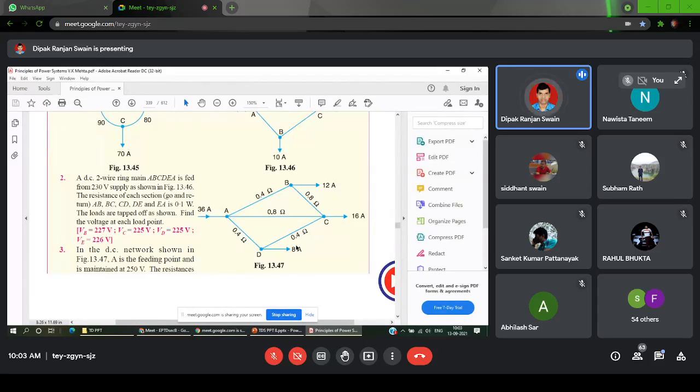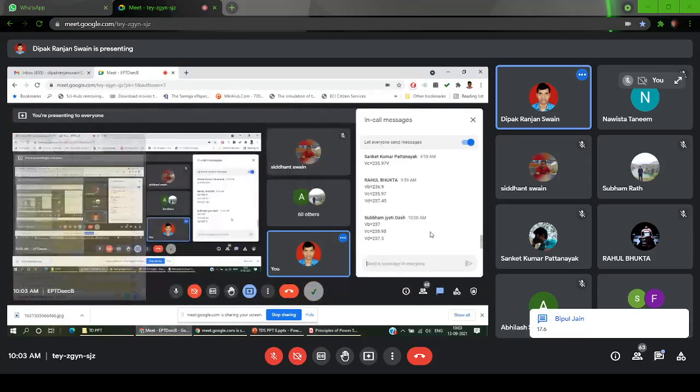So the sum of all these voltage drops will be equal to 0. This is the value of I, 17.6.